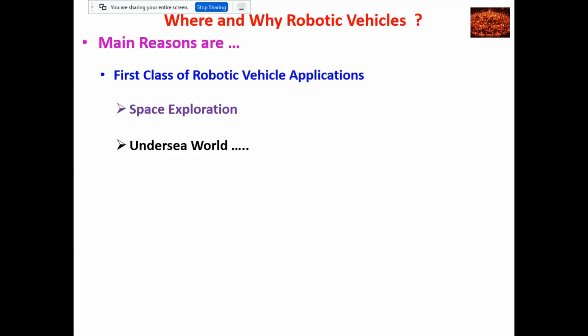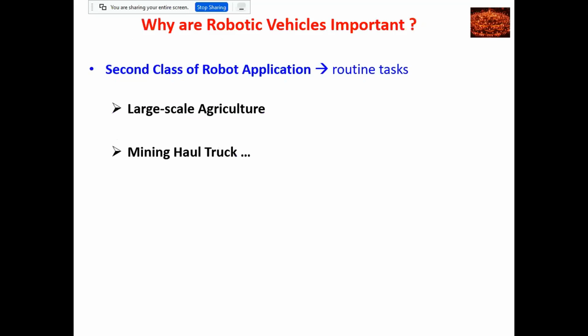Now similarly, the second class of robot application is the routine task where machine mobility can effectively replace direct human presence, like large-scale agriculture, which requires machines to cultivate, seed, irrigate, and harvest very large areas of terrain very quickly.